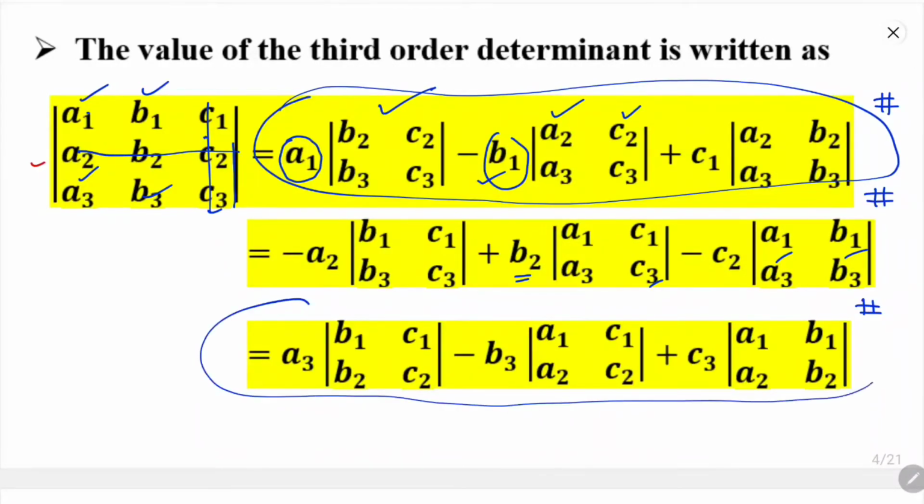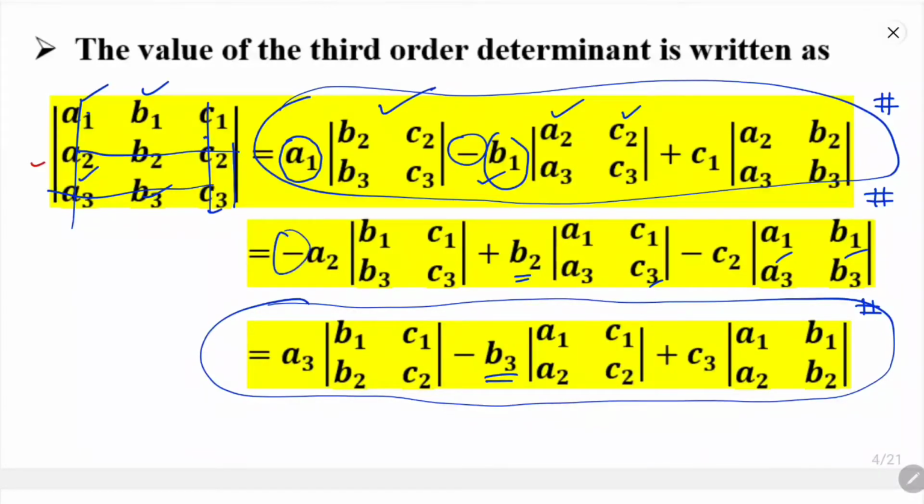This is the expansion using the third row: a3, hide a3: b1 b2 c1 c2, minus b3. As I said earlier, minus, here minus and this minus, how does this come? I am going to tell you in a few minutes, right?